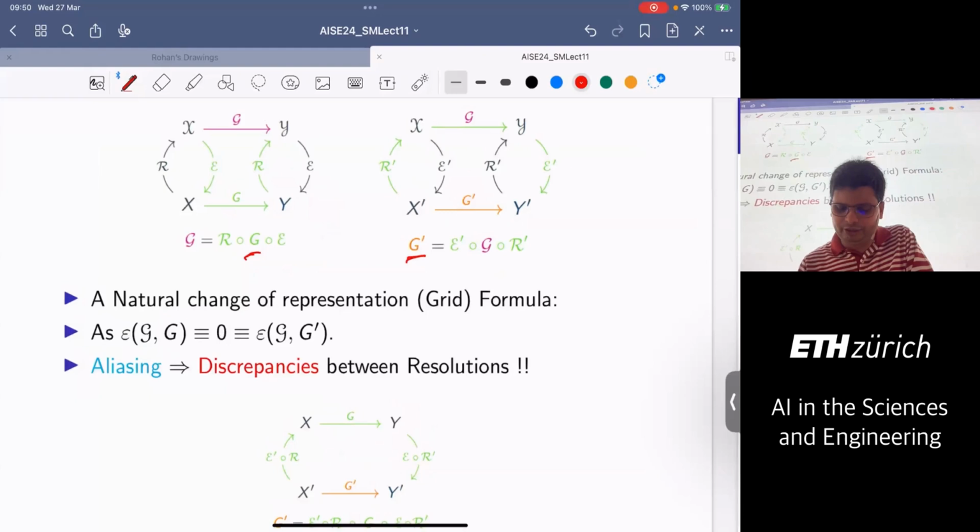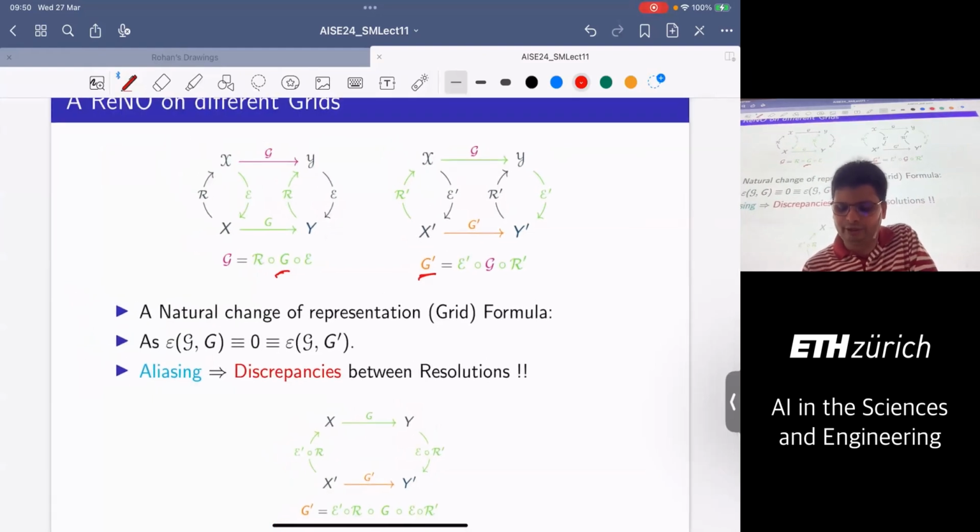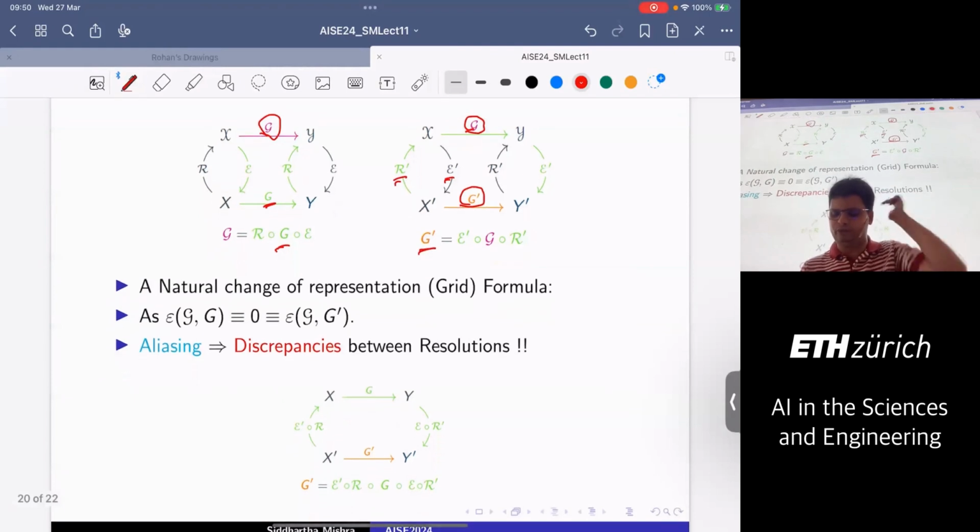The meaning of this natural connection is that, remember, your underlying operator is capital G, and you're going to approximate it with this G. Similarly, your underlying operator is capital G, the same operator, that does not change. What changes is your grid resolution, for instance. So you have a new grid resolution G prime, but you have the corresponding R prime, E prime, and so on. These two are related to each other because you can go from one to the other.